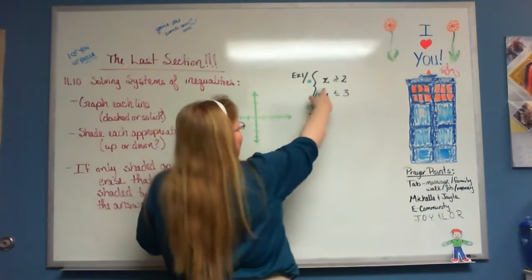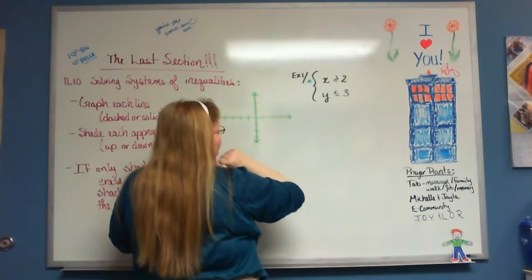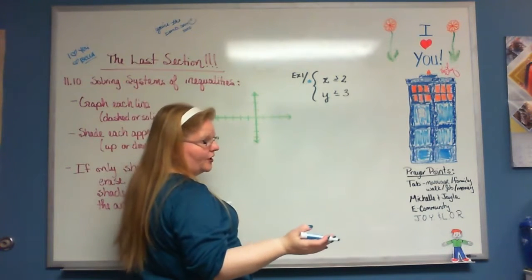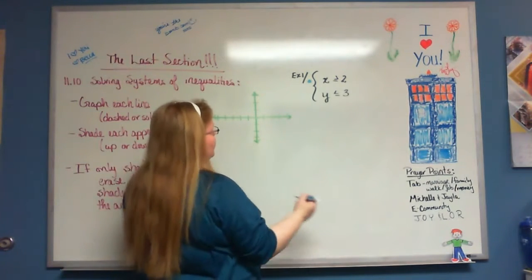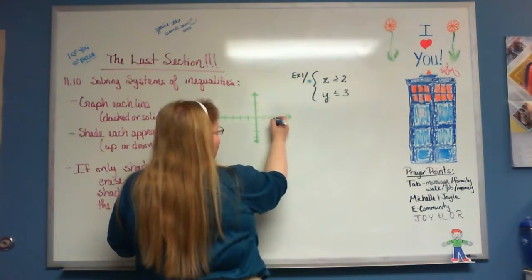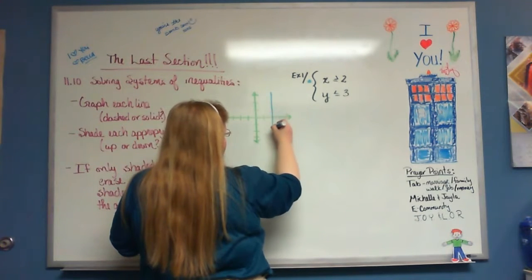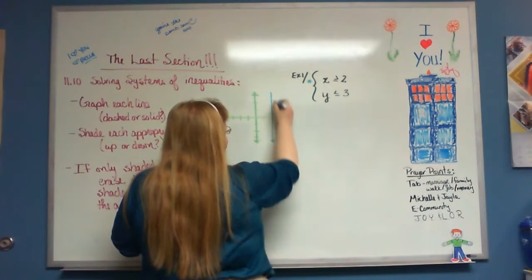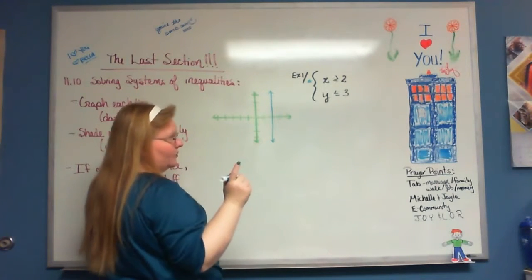So for the blue, x is greater than or equal to 2. Well, we learned back in chapter 9 that was going to have to be a vertical line, and it was going to have to be at 2. So it's going to look like this. Now the question is, is it going to be solid or dotted?